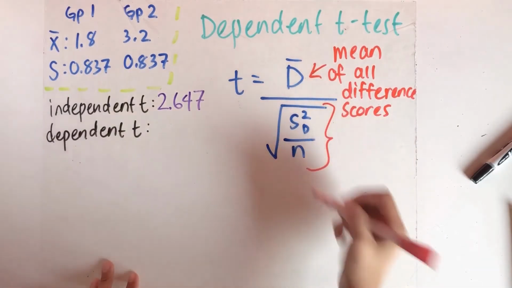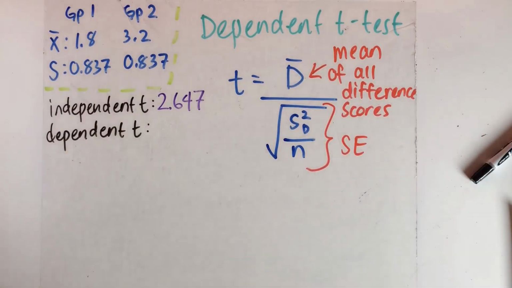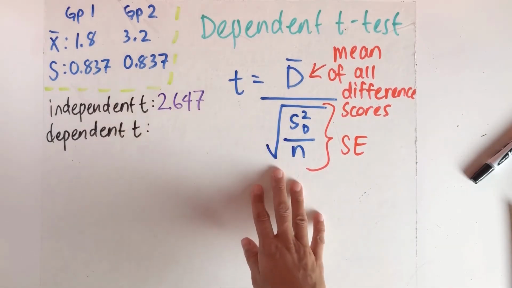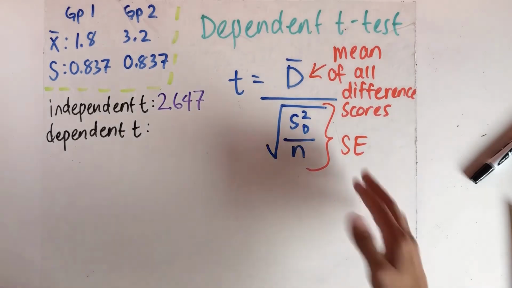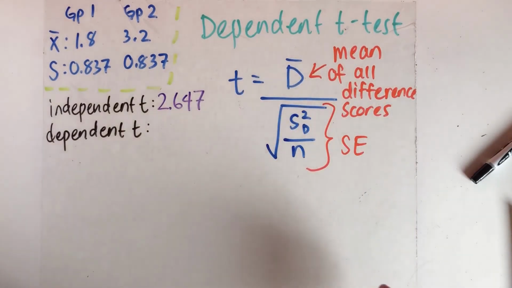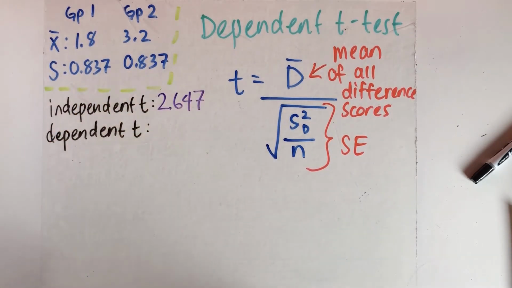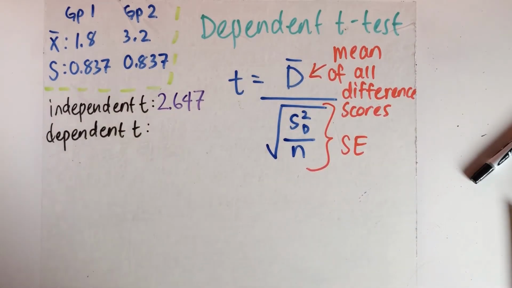And this here, just like before, is the standard error, or SE as we like to denote it. Again, what this quantity is doing is assessing how close this mean of the difference scores that we obtained from our samples is to the population mean of the difference scores. It's a way to see how close our sample is to estimating the population.